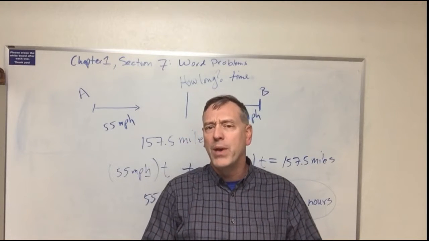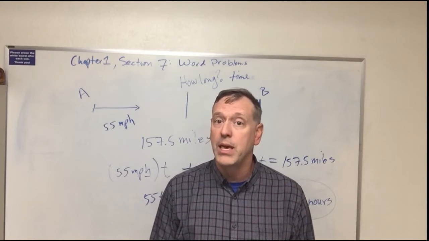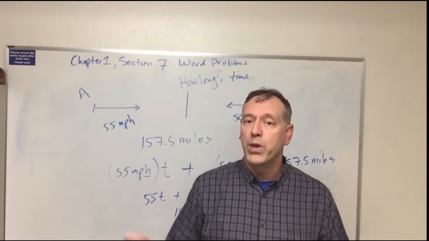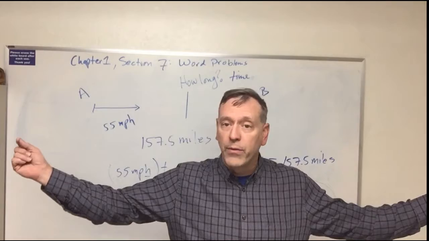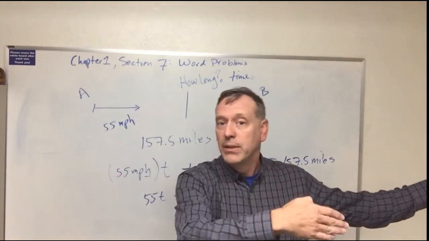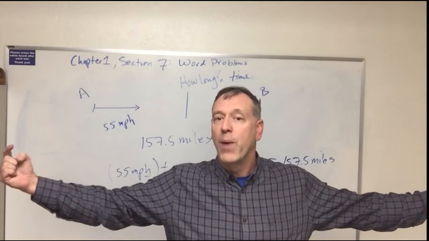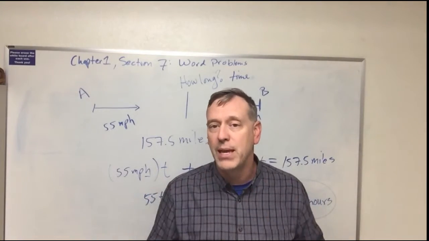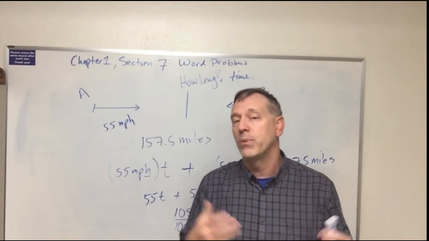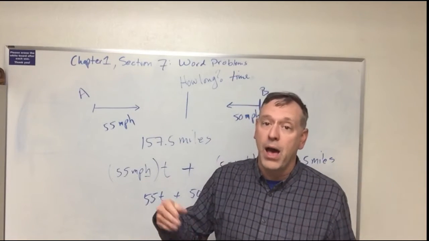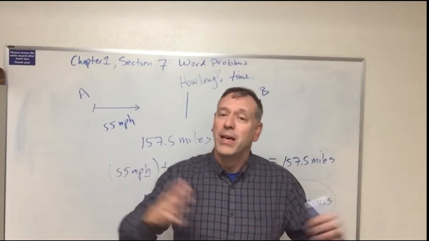So this is a very common problem in the algebraic world: a single variable problem with two travelers either traveling in the same direction, where one overtakes the other, or traveling from opposite directions towards each other until they meet. Sometimes the question is asked in terms of time, and sometimes in distance.